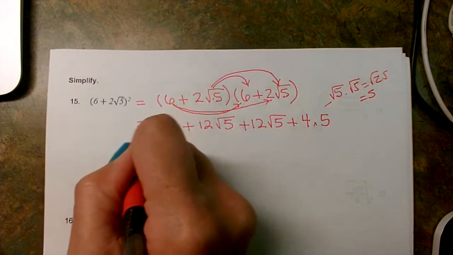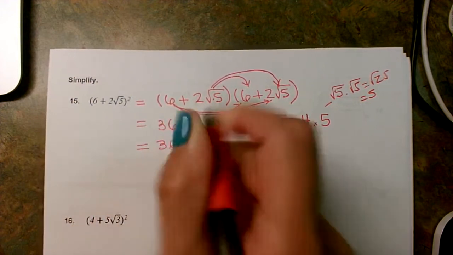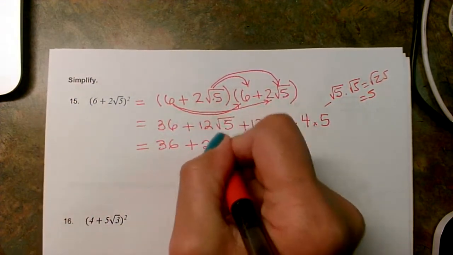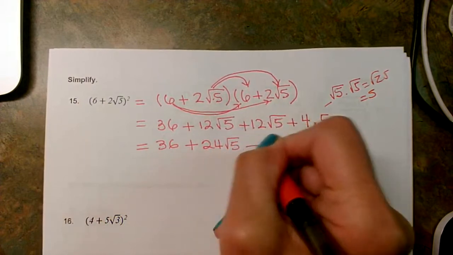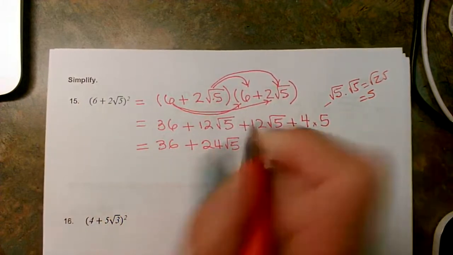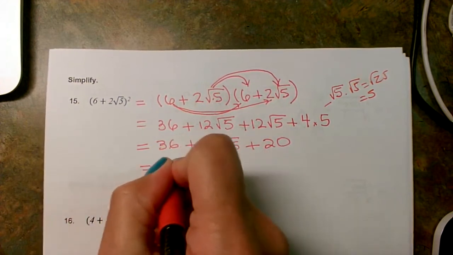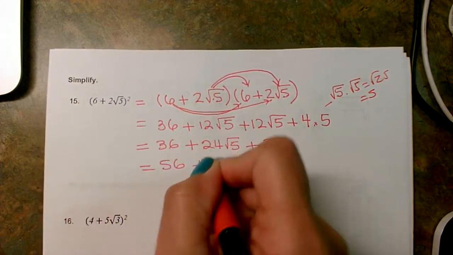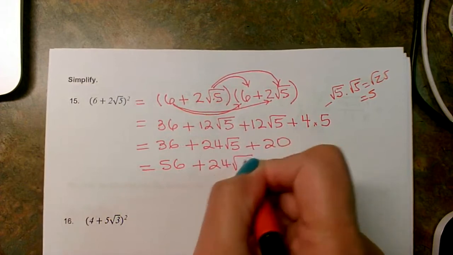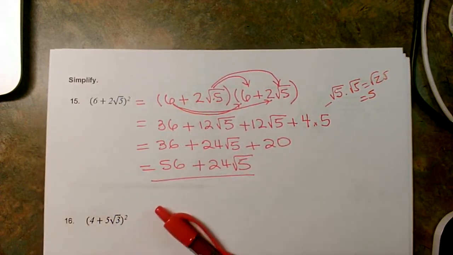All right, so we have 36 plus 24 square root of 5 plus 20. So we just adding this, 56 plus 24 square root of 5.